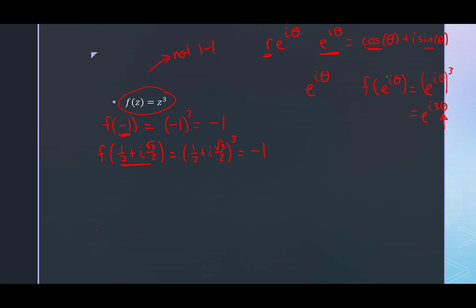Well, since I'm multiplying by 3, what I chose was, let's pick theta equal to pi over 3, which will give us e to the i pi over 3, and then we plug that into f, we're going to get e to the i pi over 3 times 3, which is just e to the i pi.